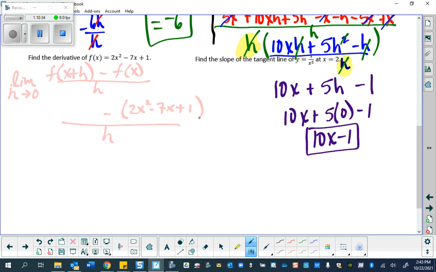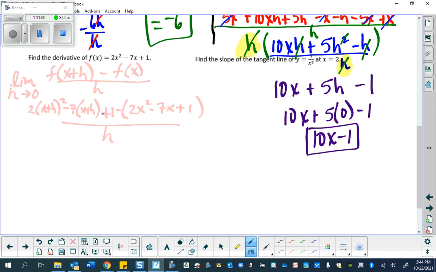Okay, now I'm going to do the 1, and instead of writing x, what am I going to write? x plus h. I love it. 2 times x plus h squared minus 7 times x plus h plus 1, and that's minus. That's the downside of doing it backwards.